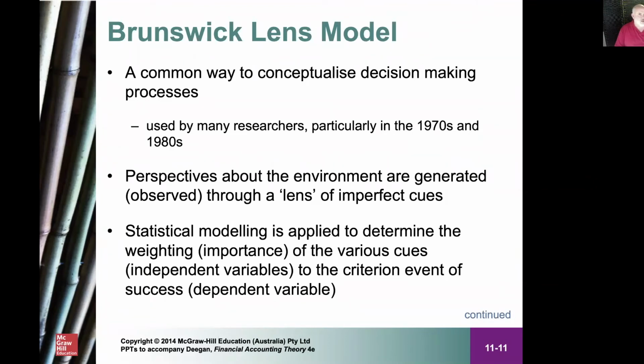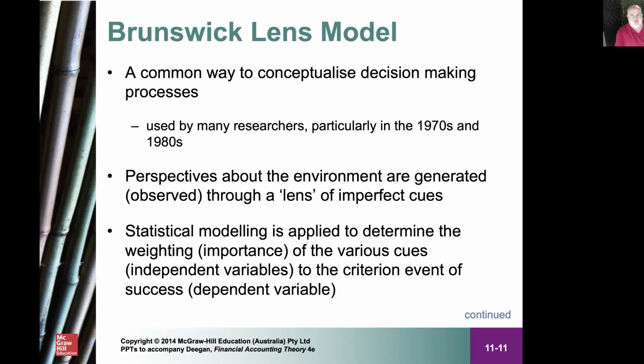So perspectives about the environment were observed through a lens of imperfect cues. They were trying to use statistics to understand what cues led to success or what cues led to good decision making. So they're trying to understand, when making a decision, what was important.